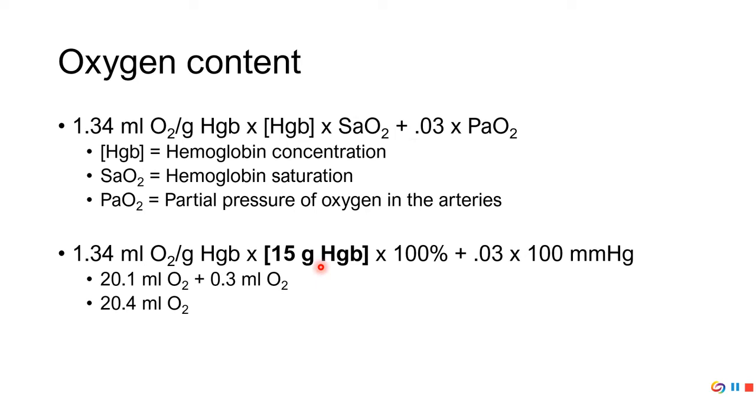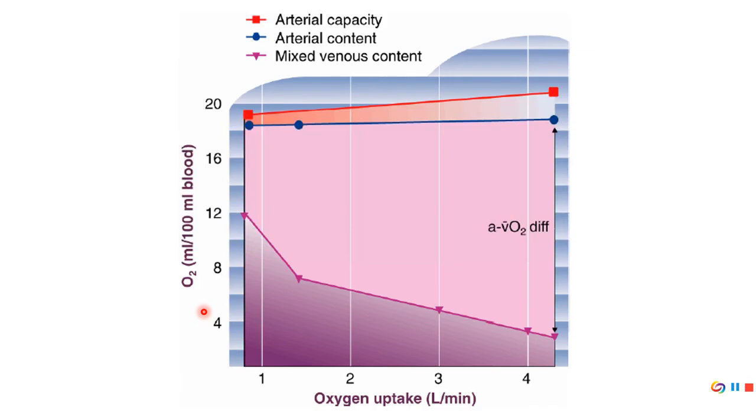If we just use typical values of 15 and multiply that by 100% saturation, we'd be at about 20.4 mL of oxygen per deciliter of blood. I'm missing that deciliter of blood here on my units. Now notice that we're a little bit lower than that because we're never actually 100% saturated.